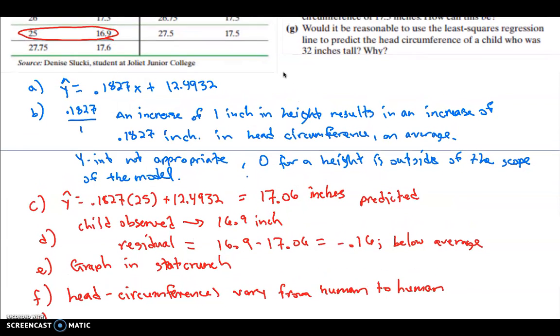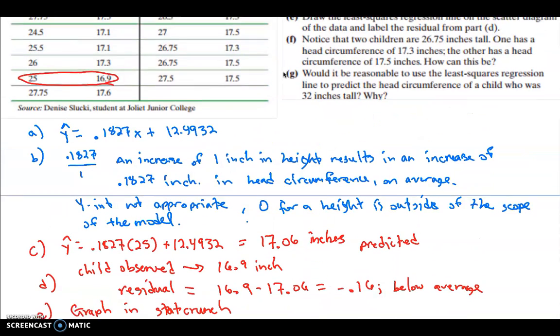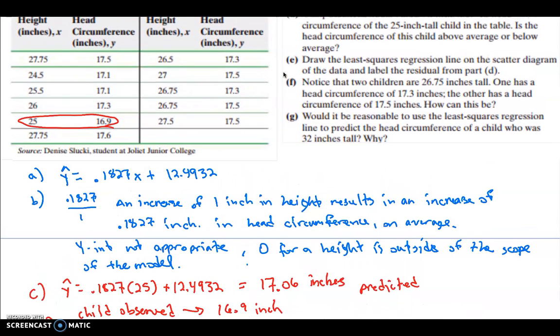Okay, part G says, would it be reasonable to use the least squares regression line to predict the head circumference of a child who was 32 inches tall? Well, if I look at all of my head circumferences, they're all pretty tight-knit. Like 24.5 is a low here. 25.75 is pretty high. So our range is very small, about 3 1/4 inches. 32 is well outside of the scope.